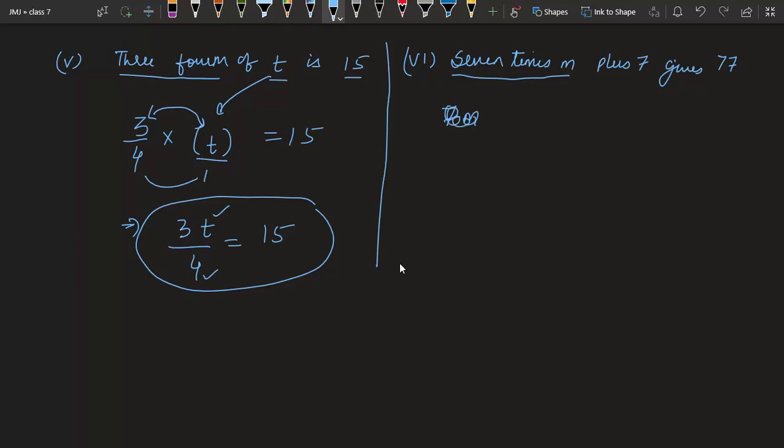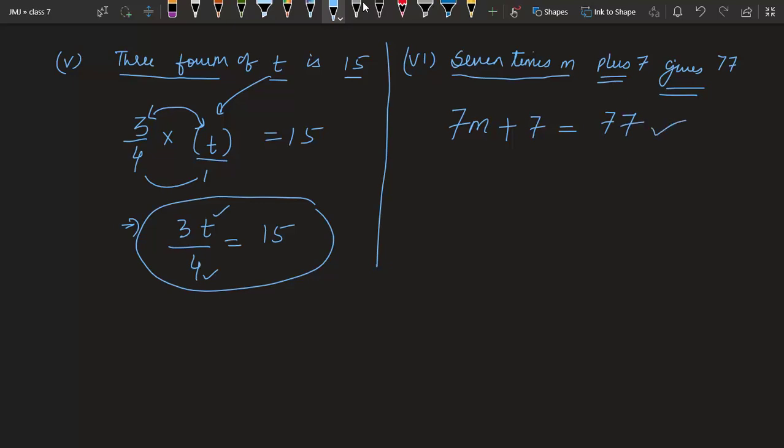From where did I get this? 7 multiplied with m is equal to 7m, because we have seen 2 times 2 is 4, 3 times 3 is 9. Similarly, 7 times m will be written as 7 into m, that is 7m. So the first step is finding the 7m. 7m plus means plus sign, 7 gives means is equal to mark 77. This is the equation.